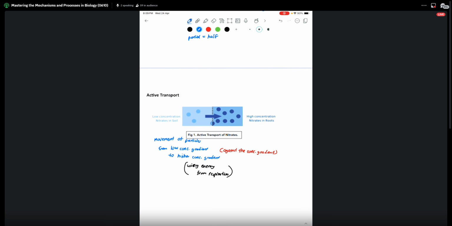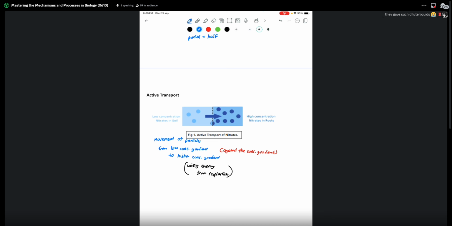Okay, for active transport, remember it's going against diffusion and osmosis. Why? Because it's going from a lower concentration to a higher concentration. So when it moves from a lower concentration to a higher concentration, it will need to use energy from respiration. So this must be a living thing. The living thing must be able to undergo cellular respiration, and when they produce this energy, they can undergo active transport.